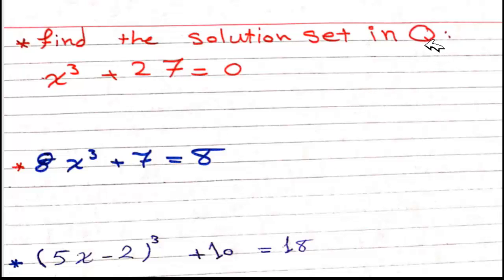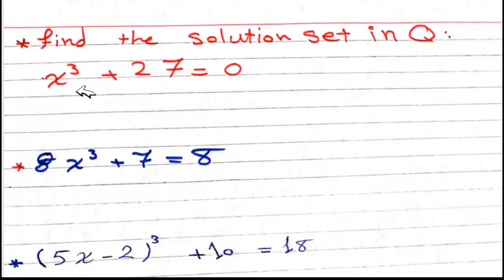First example: find the solution set in rational numbers. The Q stands for rational numbers. The first equation is x cubed plus 27 equals 0. The most important thing is finding the value of x. When you find the value of x, you get the solution set.